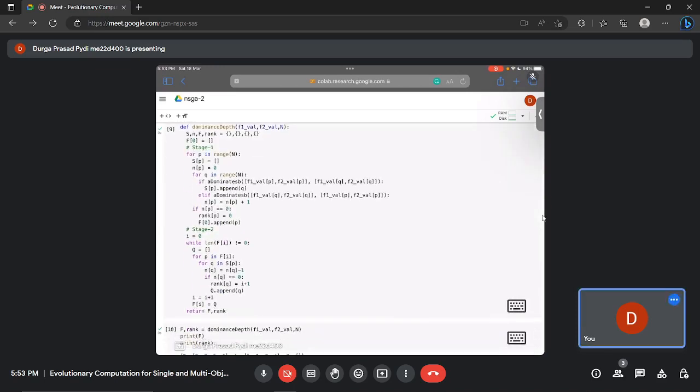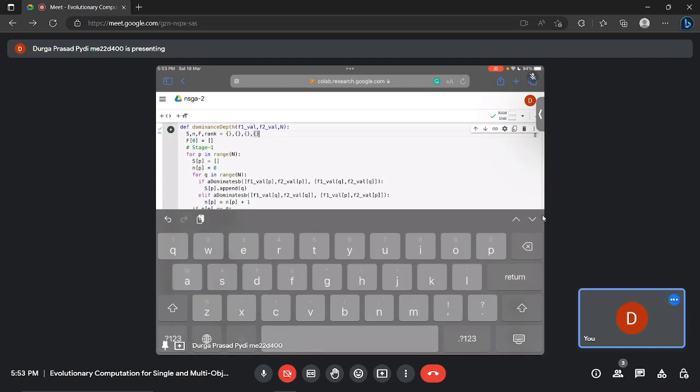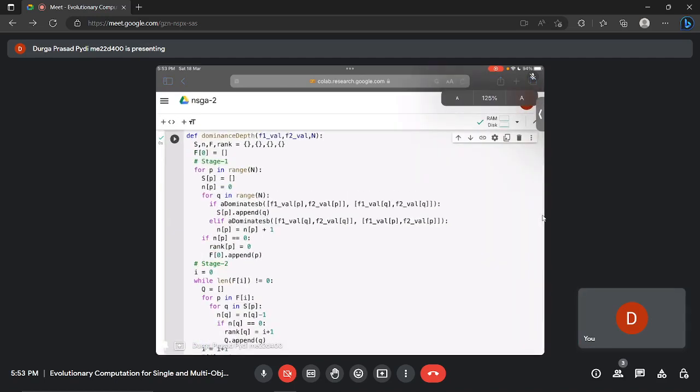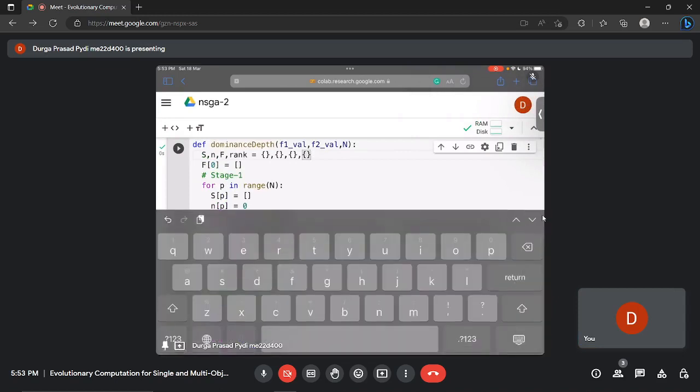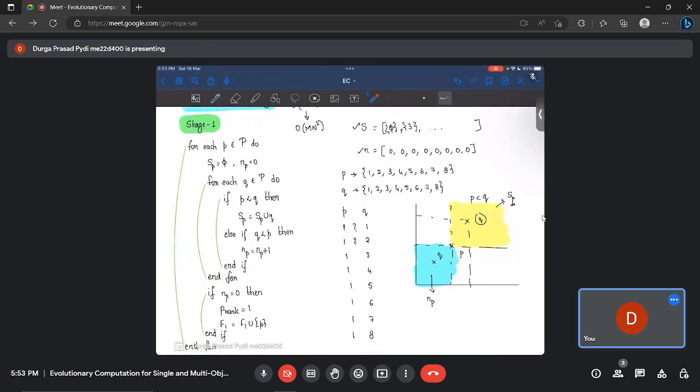So in that case, first we define a value of S to be phi, the empty set. If you recollect, S will correspond to the yellow region, and NP will correspond to this lower region.